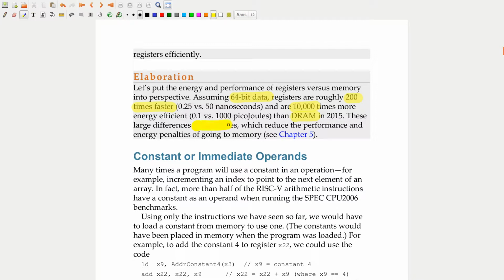So that's why we have caches. Caches keep us from having to go to DRAM all the time, especially because it's 10,000x worse energy-wise. It allows us to stay in something like SRAM.